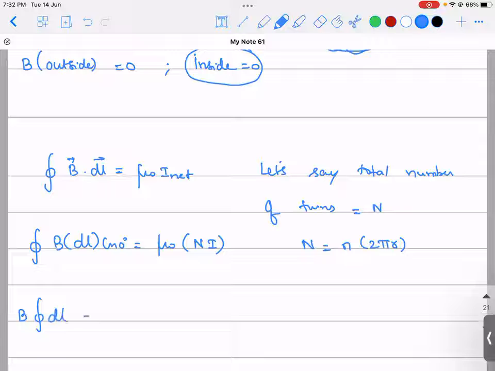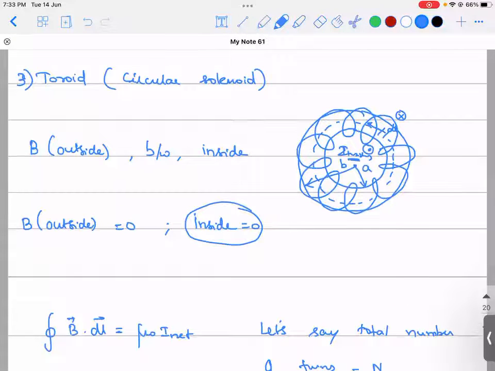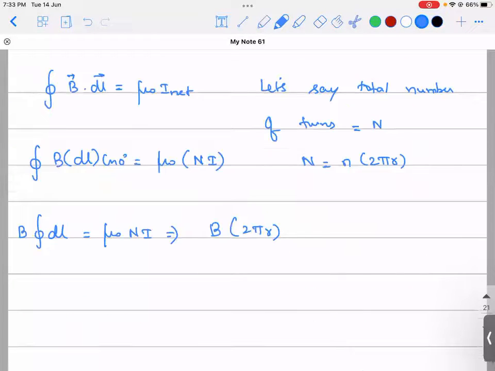Line integral of dl is equal to mu naught into N I. This implies B into what is the line integral of dl? 2 pi r. The Amperian loop is covering the whole circle. So B into 2 pi r will be equal to mu naught into capital N into I.